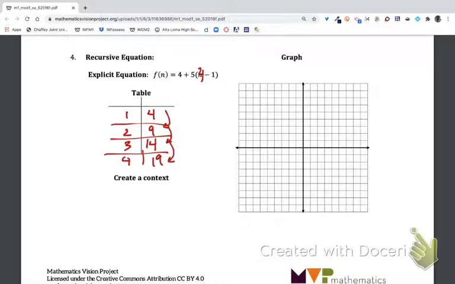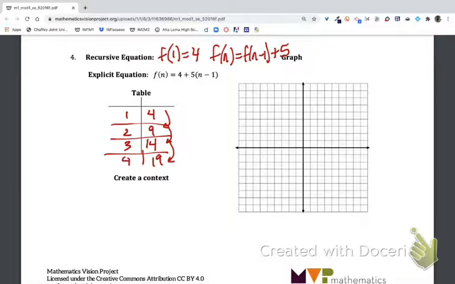So for our recursive equation, first define your first step and tell me how it moves. For graphing it, similar process as before.